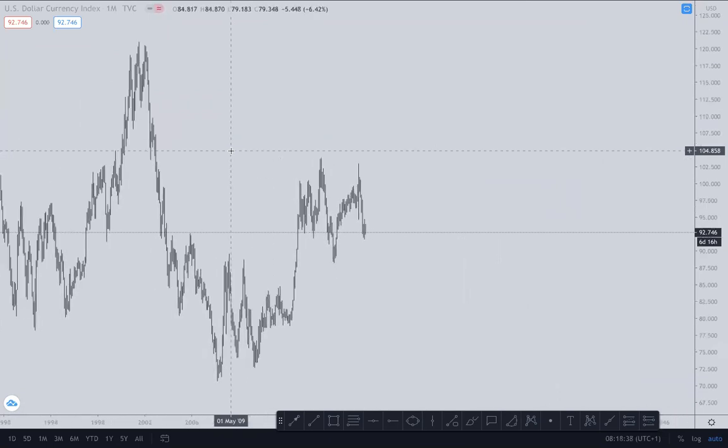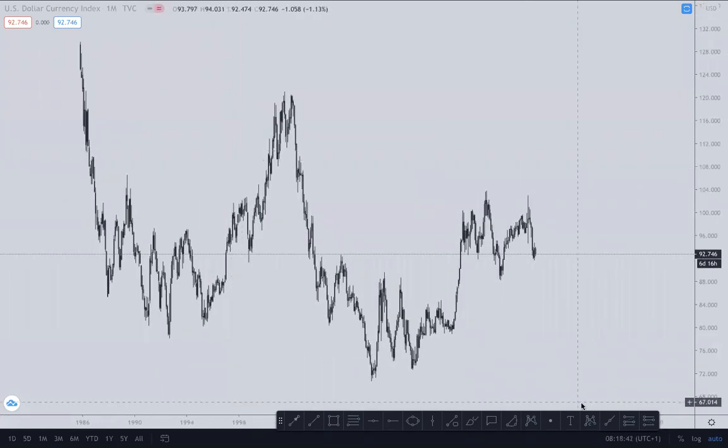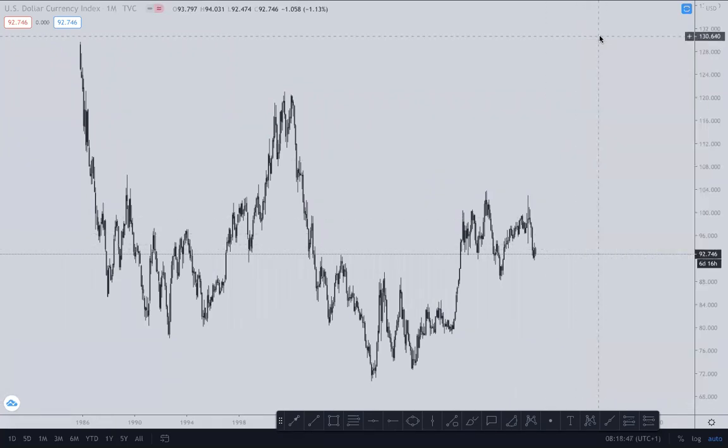on the monthly time frame? What's happening to DXY? Somebody says bullish, somebody says down, consolidation. What's the trend of DXY on the monthly?